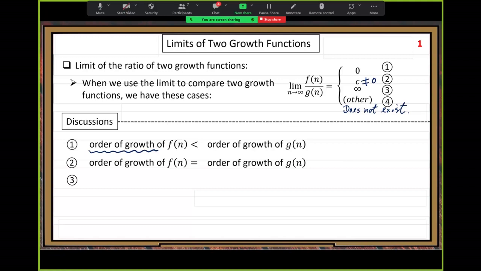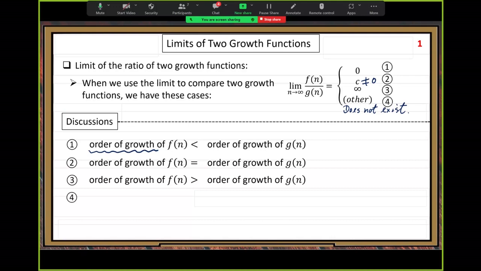The third case is just the opposite of the first case, because the f function increases much faster than the g function. So we say the order of growth of f of n is greater than the order of growth of g of n. That's case number 3.